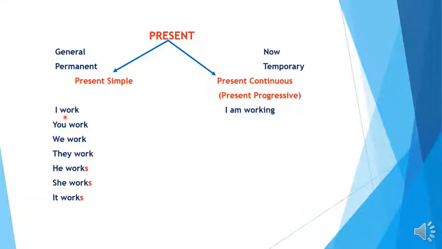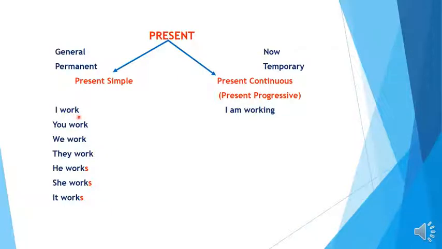The verb here is work. And you can see that in present simple, with all these pronouns, I, you, we, they, we use the verb in this way. Now look at the example again.